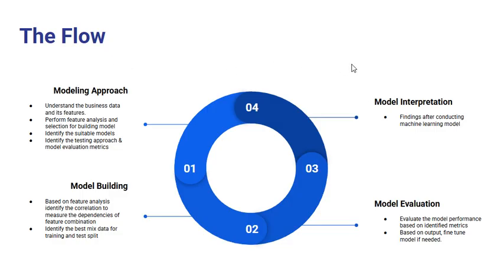So to build this model, this is the flow that we're going to follow. I mean, the flow which I have followed. A modeling approach is the part where we'll try to understand the data which has been given to us and the features, and we perform the initial level of feature analysis and decide which model to select. And as part of this stage, we'll also identify the metrics that we are going to use in order to evaluate the model.